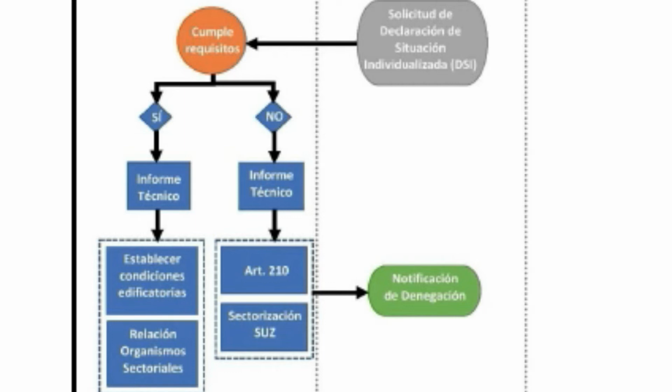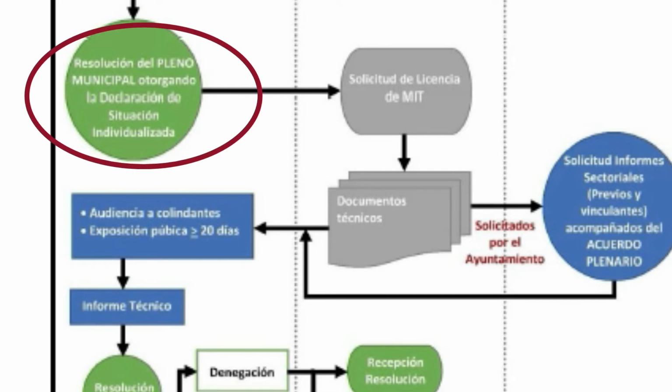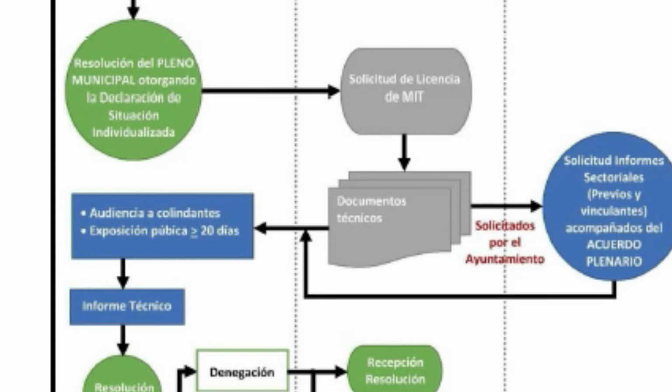Okay, so now we're going to follow the yes flow, and we go back to the owner. So the councillors take a decision, and in this case it's yes, you're apt for this type of license, and we move on to making a request, solicitud de licencia MIT. Okay, now we're actually making a request for the license itself.